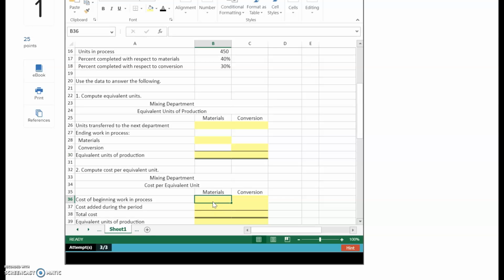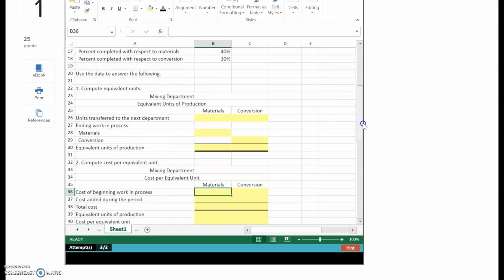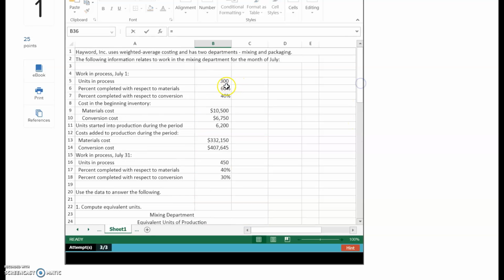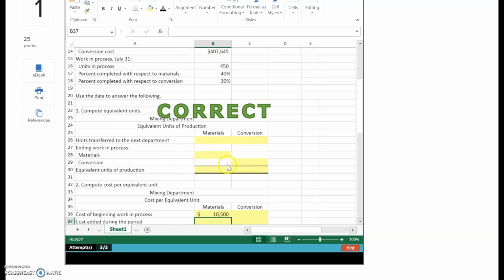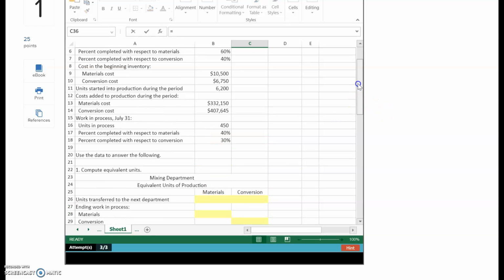Same down here, the cost of the beginning work in process. They tell you that here's the beginning inventory, here's the materials cost, here's the conversion cost. You can't type in 10,500. You do equal, you come on up and you click on the 10,500, hit enter. So make sure you're doing that for every single cell down here.